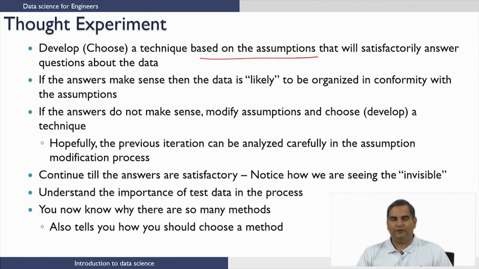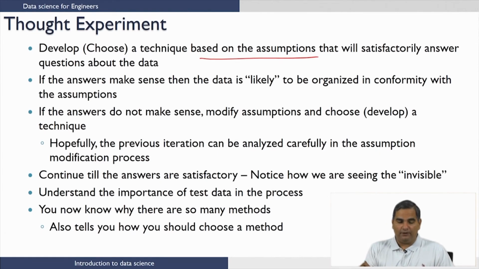So, this is equivalent to picking the chemical that has been shown to make a certain type of organism flourish. So, you choose the technique and then you deploy this technique, and if the answer makes sense, and we will see what it means when we say makes sense mathematically from a data science viewpoint, then the data is likely to be organized in conformity with the assumptions that you have made.